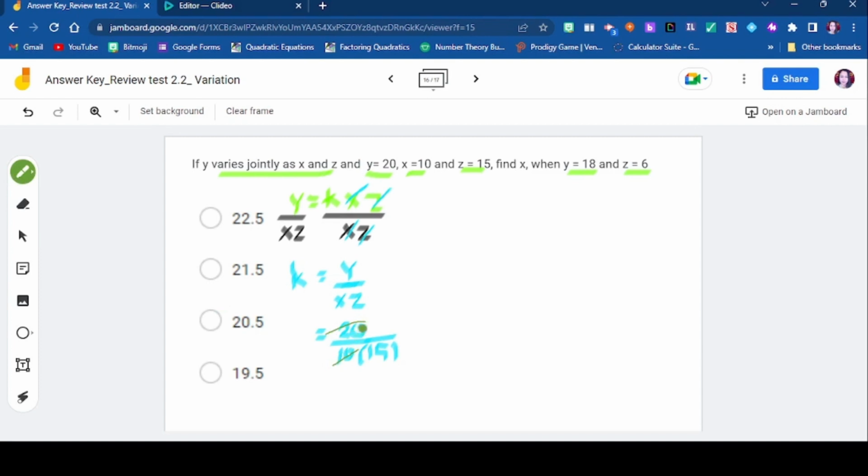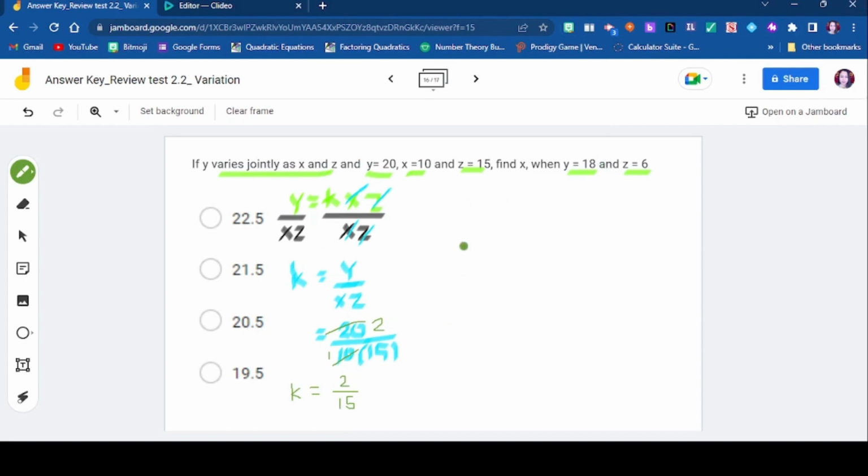So this is divisible by 10, so this will become 2, and 10 will become 1. What's left is k is equal to 2 over 15. You don't need to change it into a decimal. It's okay if this is a fraction. We can change that into a decimal later on.